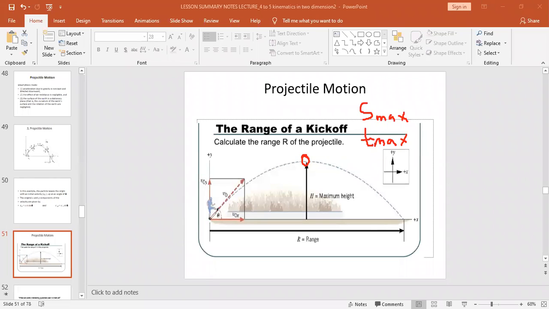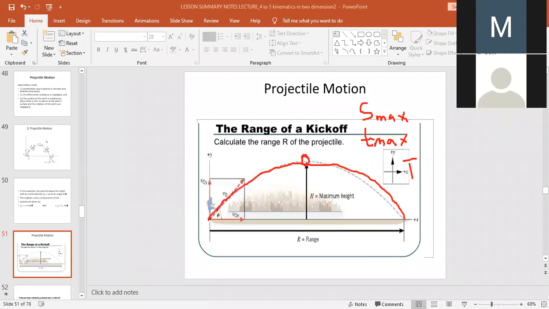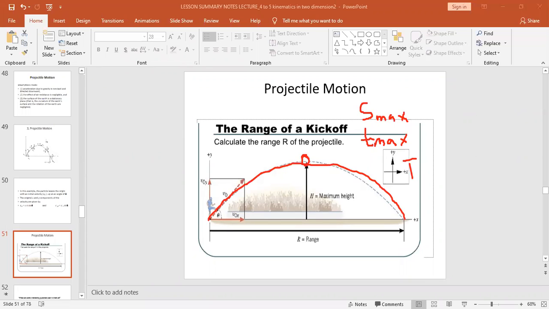That is the time to get to the maximum height and the time to get back. Time of flight is going to be 2 times the time to maximum height. So all we need is to find the time to maximum height.